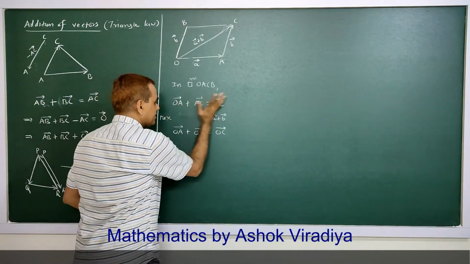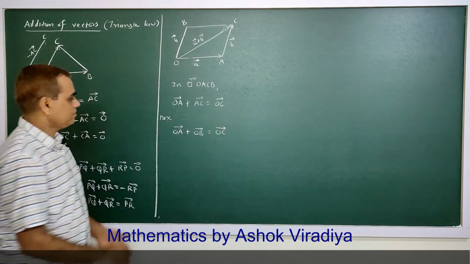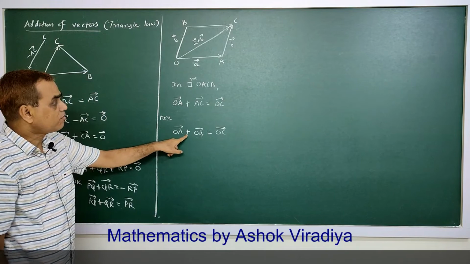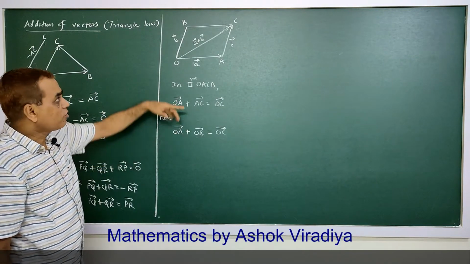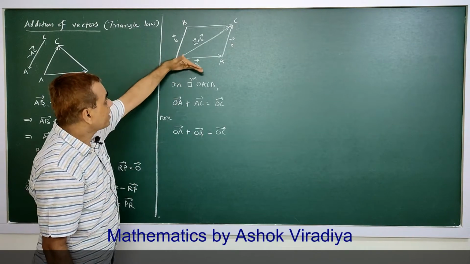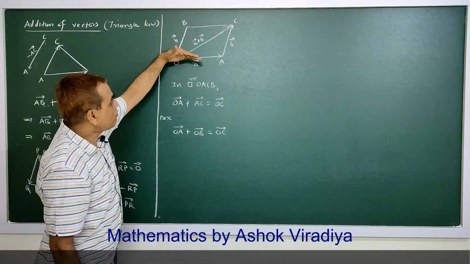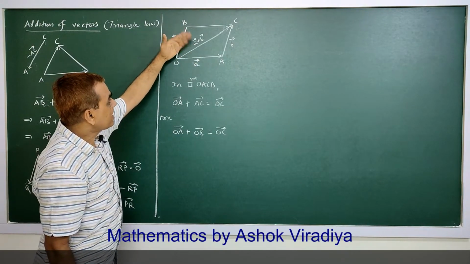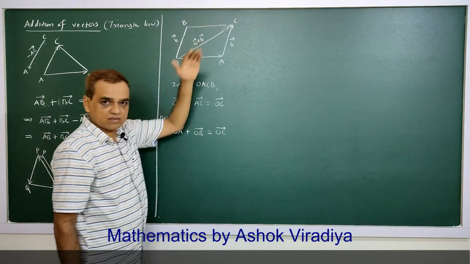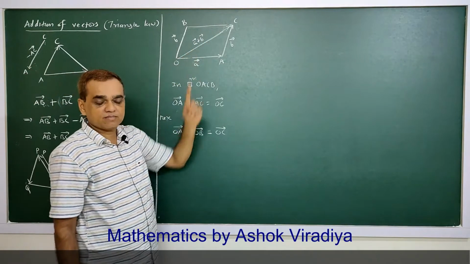Look at this statement. Here you can see that sum of vectors along adjacent sides, these are adjacent sides OA, OB, is equal to vector along diagonal. This is a diagonal.